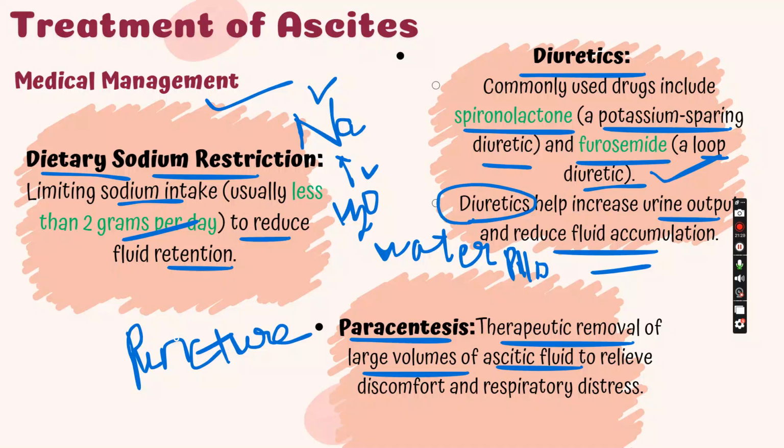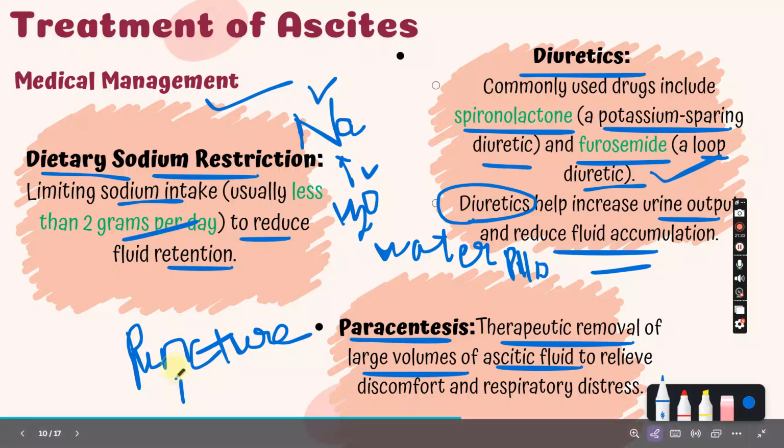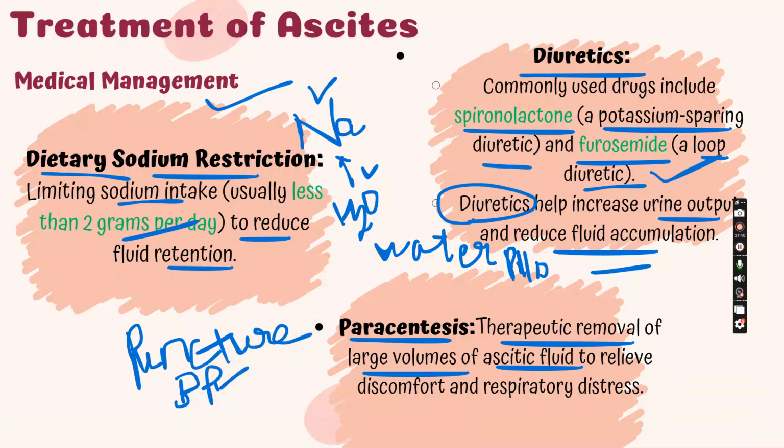One more thing we have to do is BP measurements before and after the paracentesis. We can also do it during the procedure. The reason for measuring blood pressure is that whenever we are doing paracentesis, a huge amount of fluid gets out of the body, which can eventually lead to hypotension and could also cause hypovolemic shock.